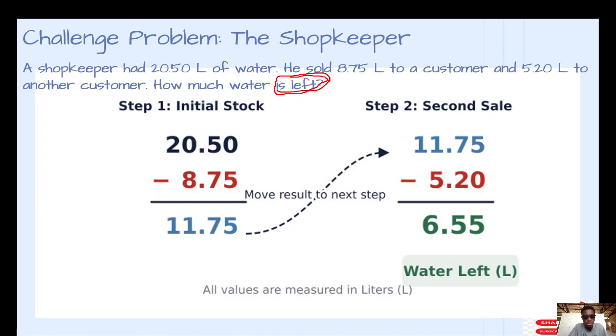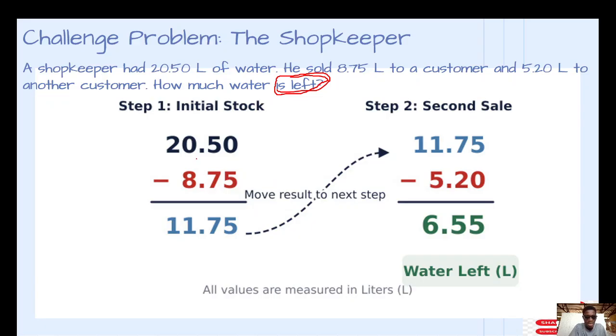So the initial stock, which is 20.50, and then he was able to sell out 8.75, and then another customer 5.20.